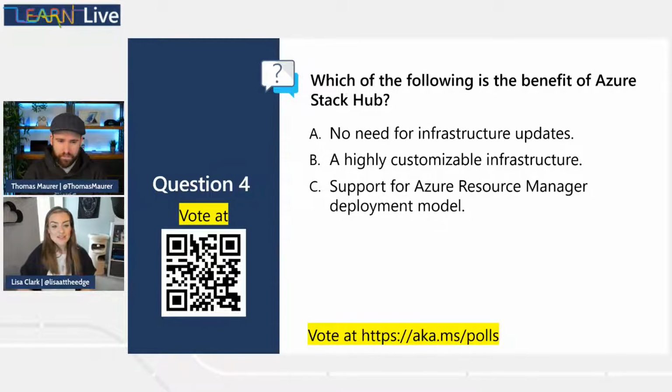And what they can basically do is, because they've used Azure and they've used ARM to create this application and architect it in that way, they can pretty much take that and run it on Azure Stack Hub, which is just very cool. So I would say that C is looking good for me, and definitely leaning towards C on the votes coming through that I can see.